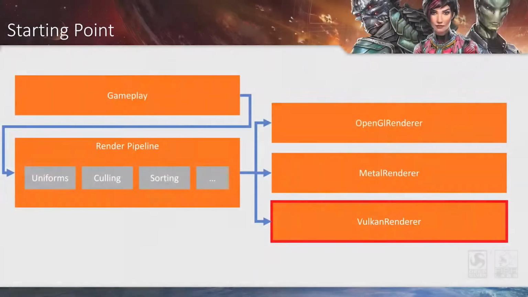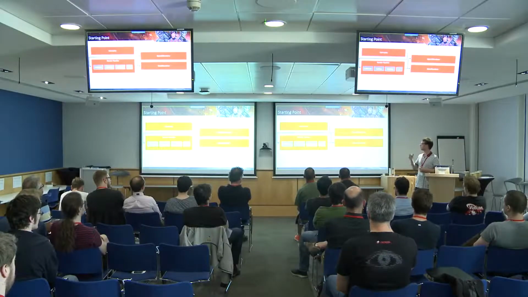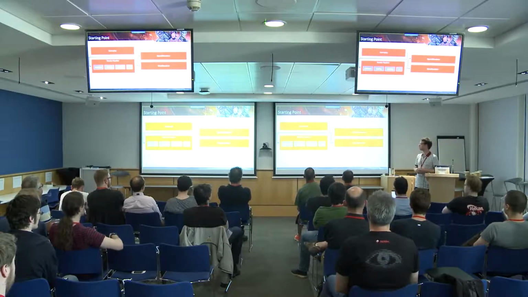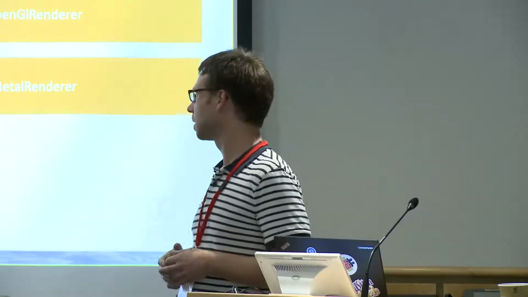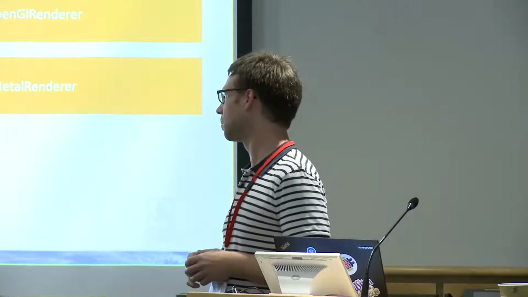To put this into perspective, I hope you already have some kind of rendering setup where you are able to support different graphics APIs. This is what the setup looks like for us. You have the gameplay up there, and then we have the API-independent stuff, what we call the render pipeline. This does all the culling, sorting, calculating and generation of uniforms.